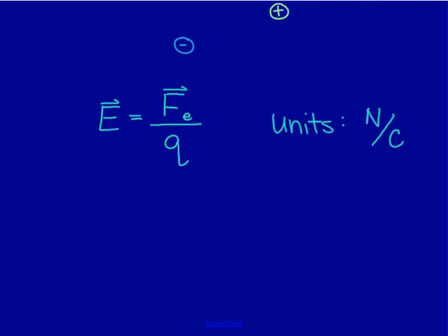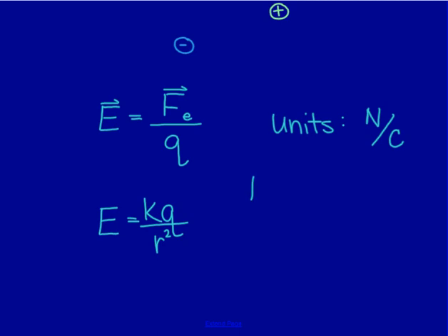Another way to calculate the electric field is using the equation E equals KQ over R squared. This actually only gives us the magnitude, so I shouldn't have a vector symbol here. Now, this equation comes from a little bit of a derivation.